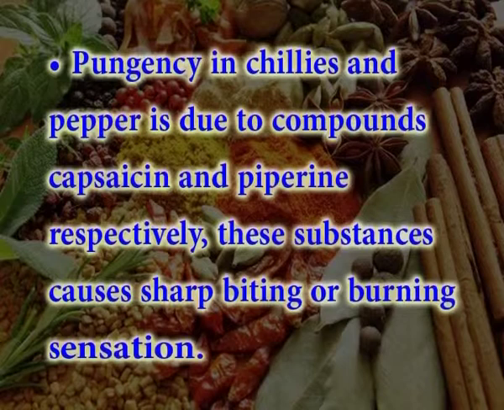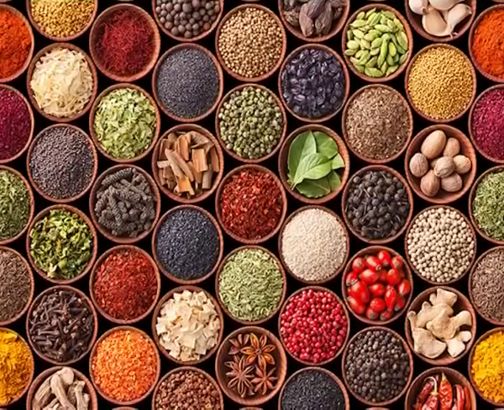These substances cause a sharp biting or burning sensation. Curcumin in turmeric, carotene and quercetin in saffron are the substances that contribute to the characteristic color. Hence, every spice is known for its specific flavor, characteristic taste as well as color.